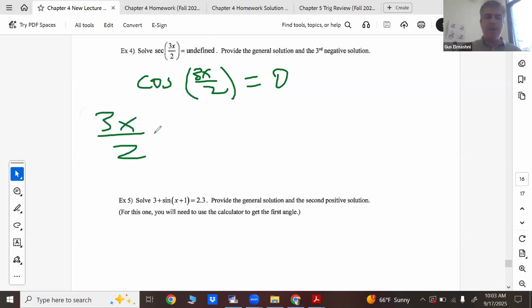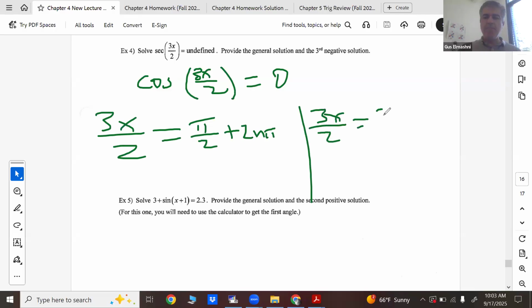Yes, undefined at pi over 2 plus 2 pi n. If it helps, maybe make a barrier like this and just solve each one individually. That helps. And then you have to multiply both sides by 2/3.